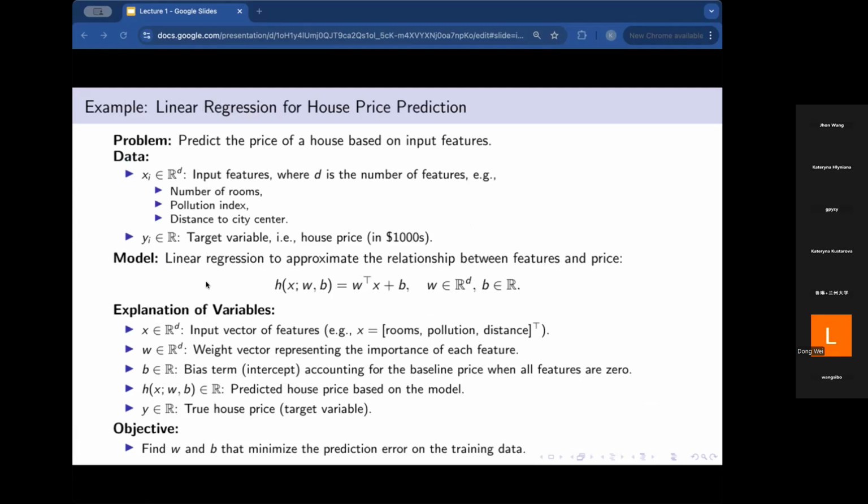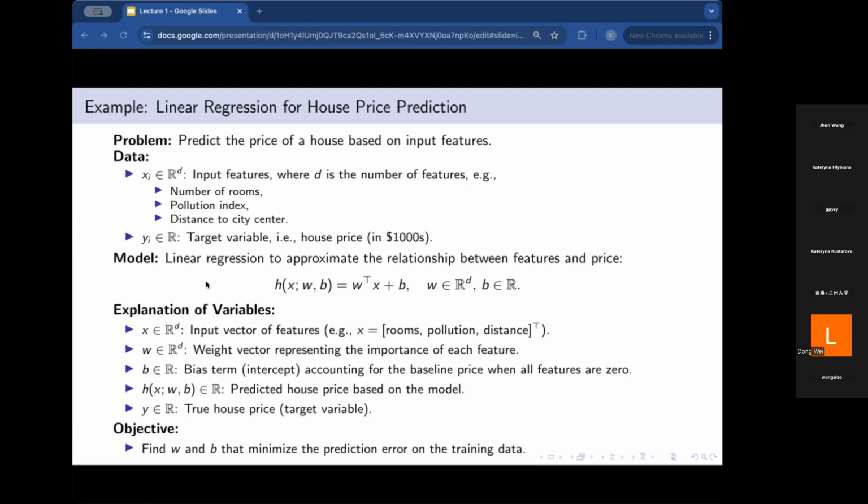Now, let's take a look at this example of using linear regression for predicting house price based on different features. Again, the features denoted as x_i are represented as vectors in R^D, where D is the number of features.